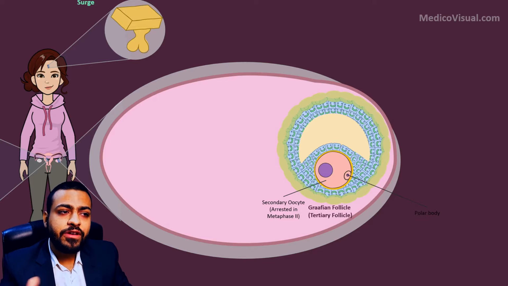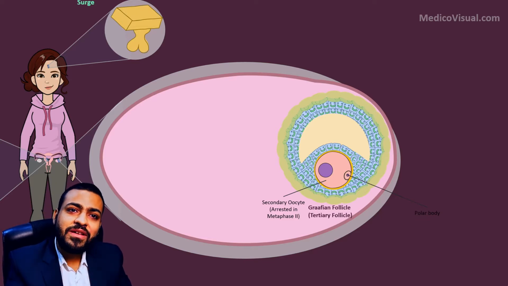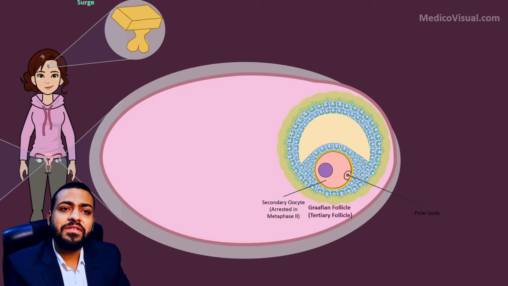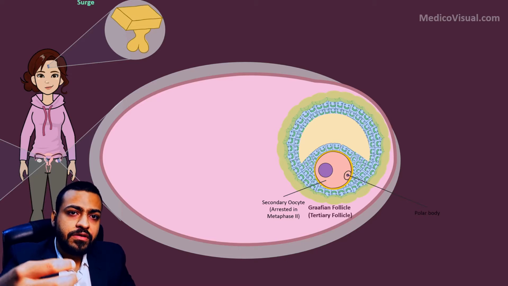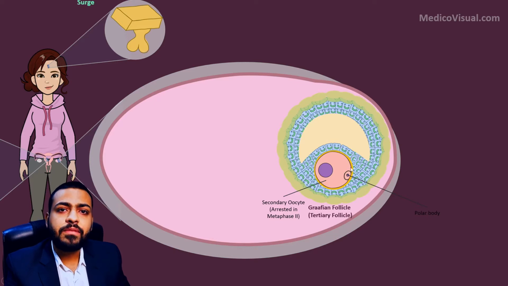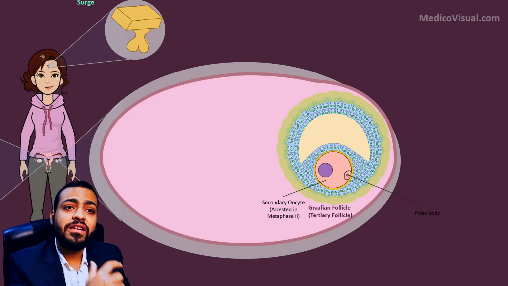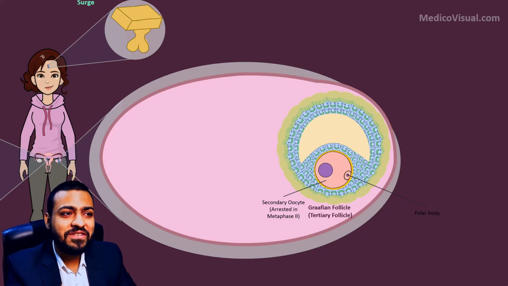Then it will quickly start meiosis 2 as well, but again it will be arrested at metaphase 2 of meiosis 2. It will remain arrested until it is released, and then sperm come, and when sperm binds with its receptors on the zona pellucida, only then will it release the arrest; otherwise it will never release it. As Dr. Najib says, it needs that magical touch of sperm to release the second arrest.